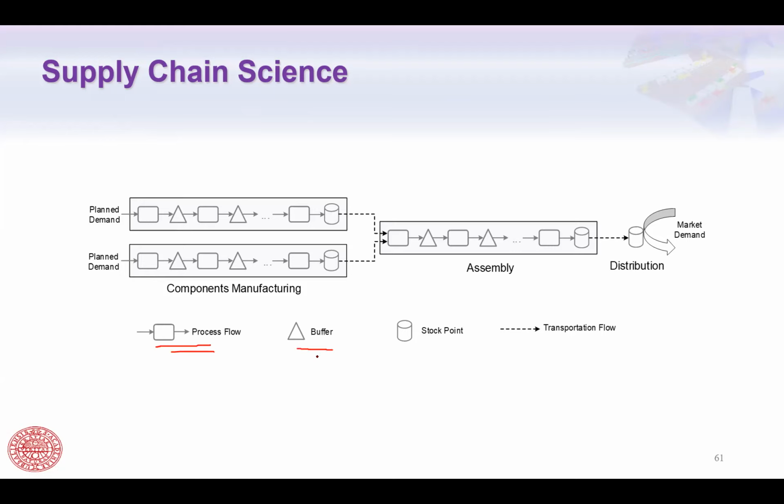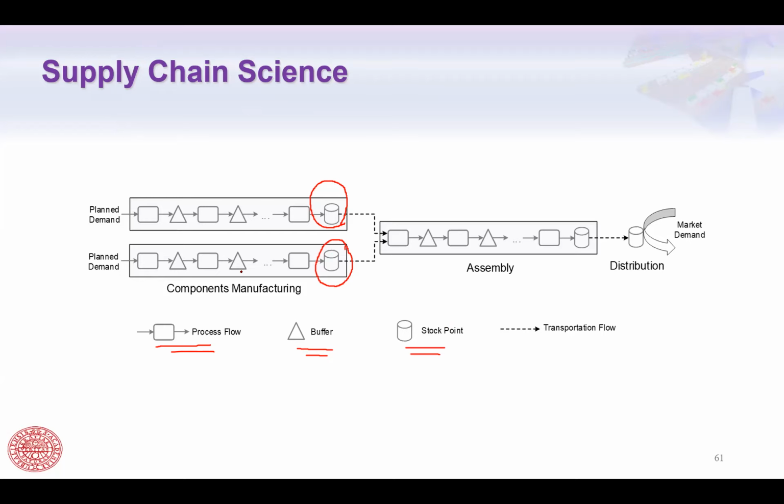And then we have the buffer, which you may sometimes call inventory. But stock point is better when talking about the end. You can see that it's at the end of your net, a factory or one of the units in your supply chain, you have the end stock point.